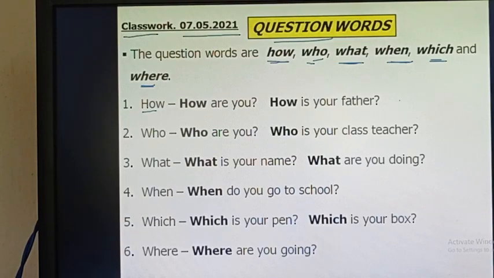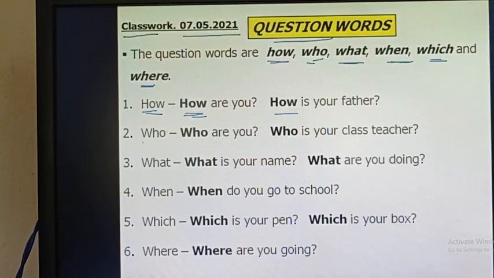So when we ask a question about quality and quantity we use how. Okay, so this is how the question word how is used.